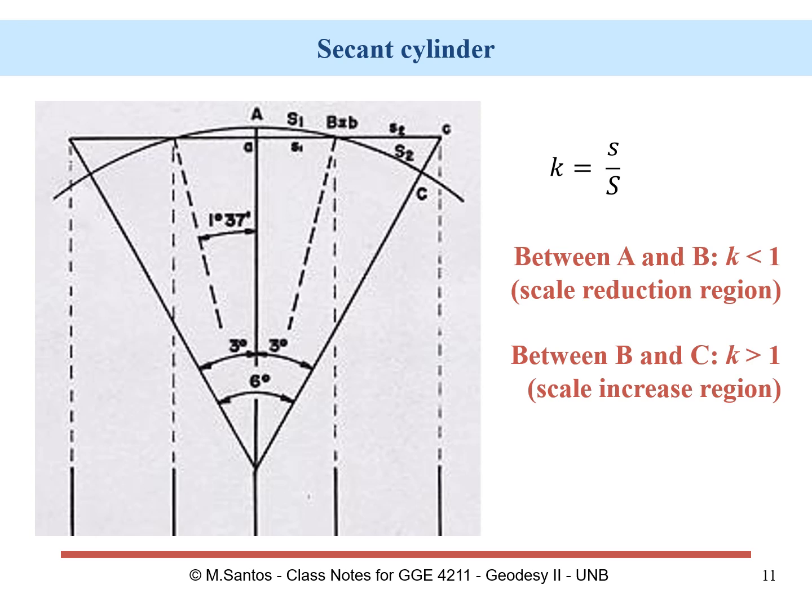Let's reinforce the idea of one of the consequences of using a secant cylinder, which is the creation of a region where there is reduction in scale, which means the coefficient of distortion will be less than 1, and a region of increase of scale, which means that the coefficient of distortion is greater than 1.